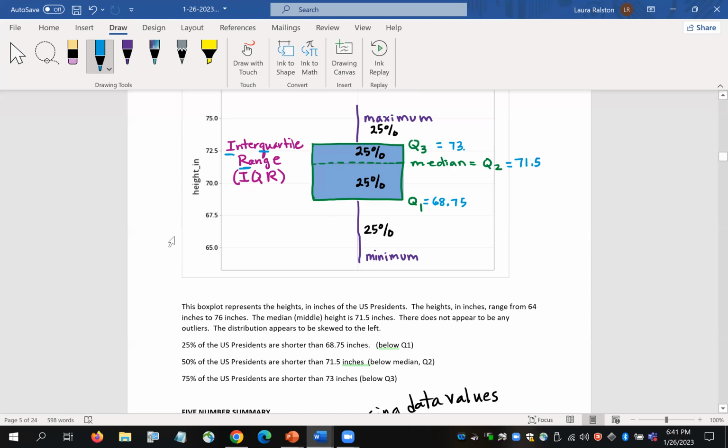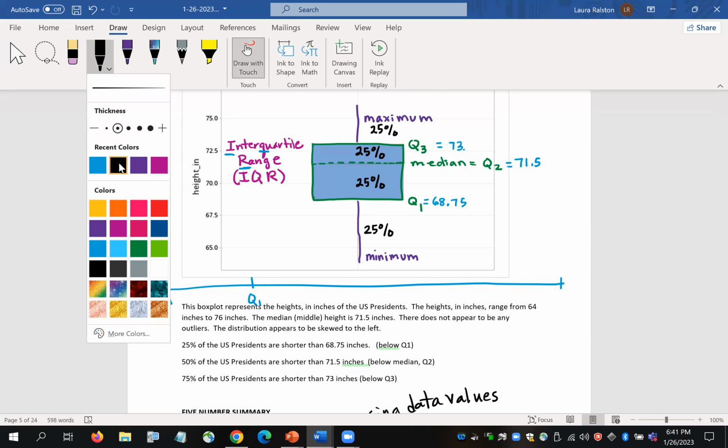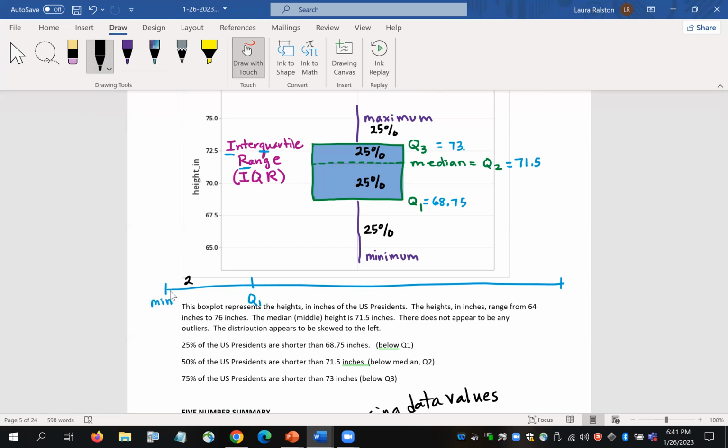Between the way quartiles work, if you're thinking about it on a horizontal number line, between the minimum and quartile 1, you will always and forever have 25% of the data.